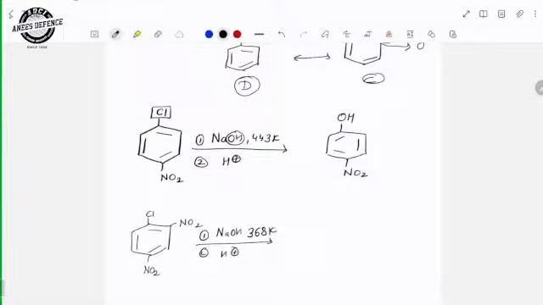In the first part we used 443 Kelvin, but in the second part we use 368. Why? Because there are two nitro groups at ortho and para, making the reactant more reactive. The product we get is OH here, NO2 here, and NO2 here.